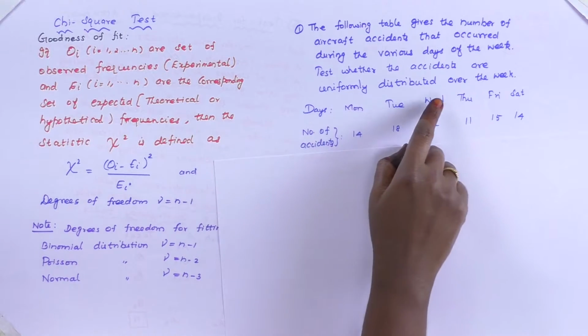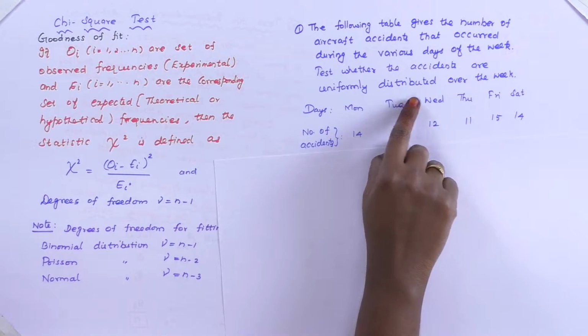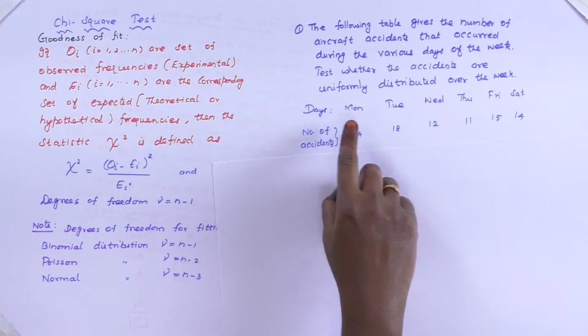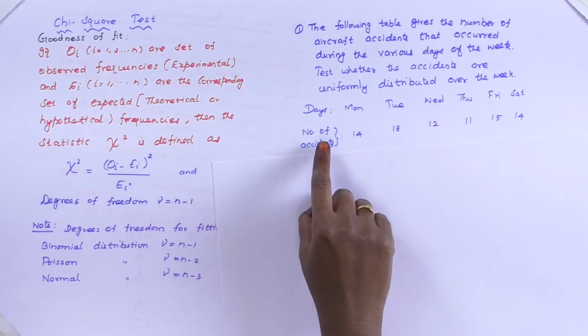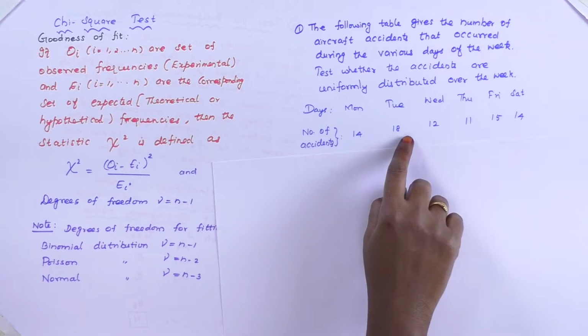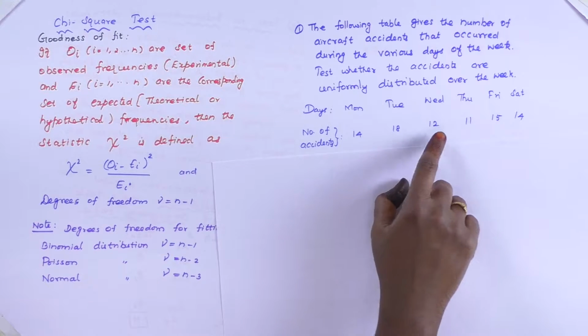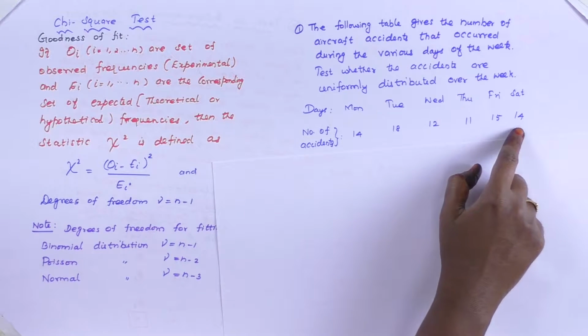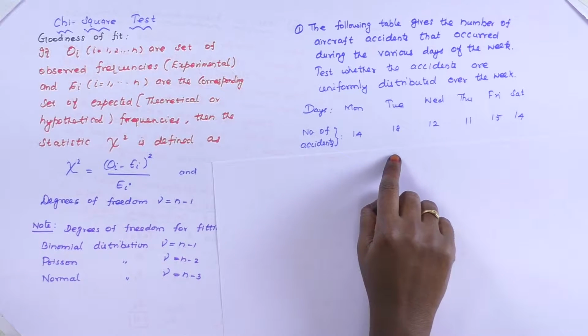Test whether the accidents are uniformly distributed over the week. The days are Monday to Saturday and the corresponding numbers of accidents are: 14 on Monday, 18 on Tuesday, 12 on Wednesday, 11 on Thursday, 15 on Friday, 14 on Saturday. Here the number of accidents are uniformly distributed over the week.